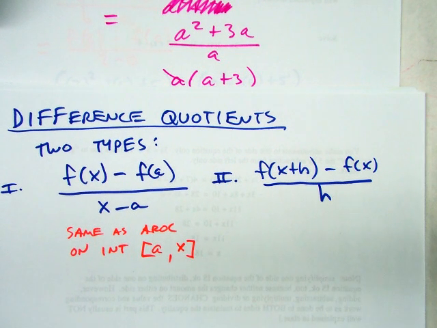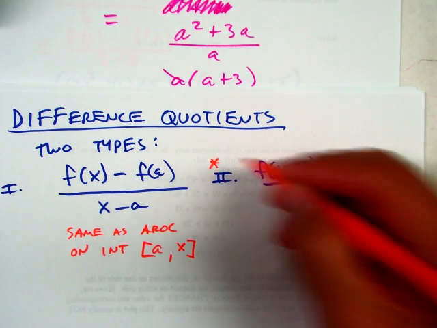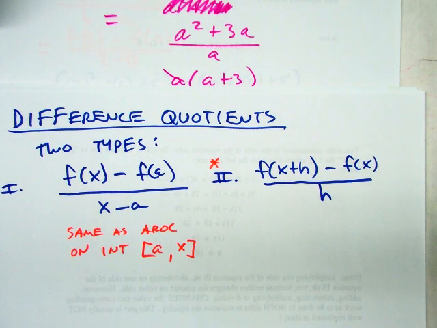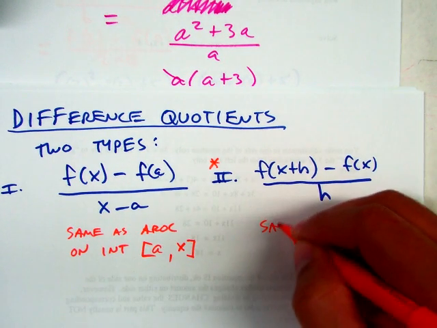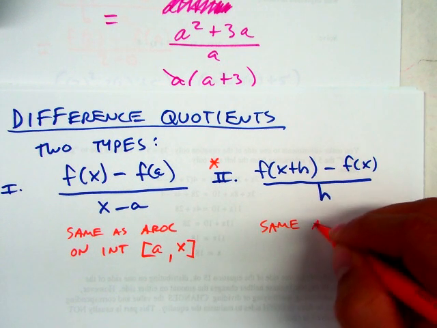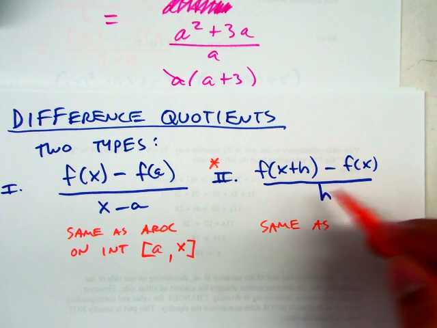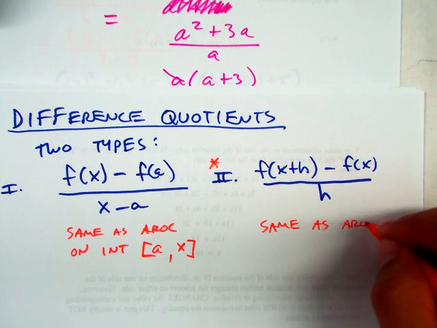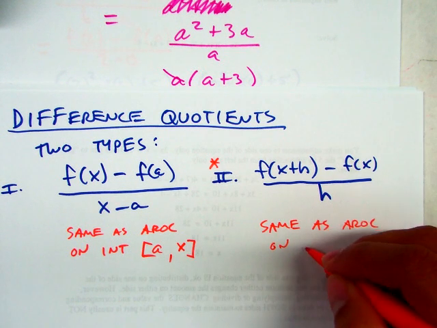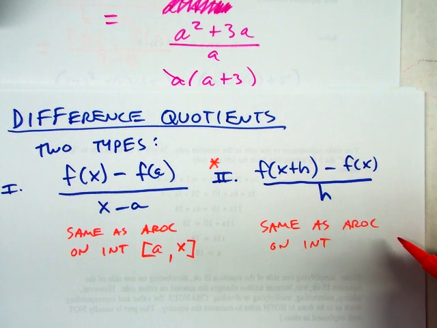And this is the stuff that you're going to see a lot of in calc. Especially this guy right here, f of x plus h minus f of x over h. This is huge because half of calculus is from this difference quotient. You'll see what I'm talking about next year. What interval is this going from?